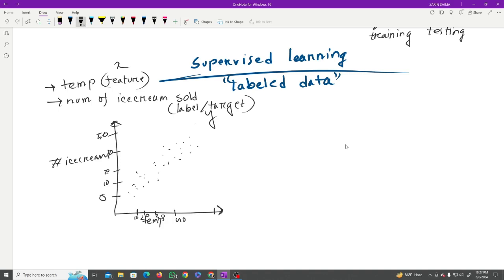So suppose this is your best fit line, and you got it from the values of the number of ice creams and temperature. Now you want to predict, suppose, yes, this is unreal, but suppose at 100 degrees Celsius, what will be the number of ice creams sold?